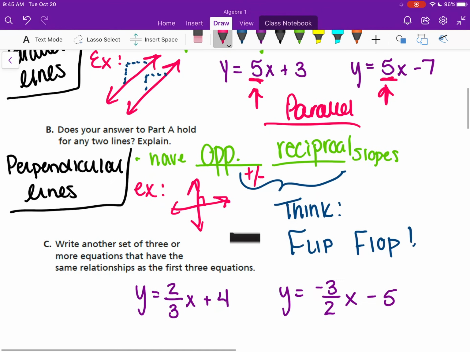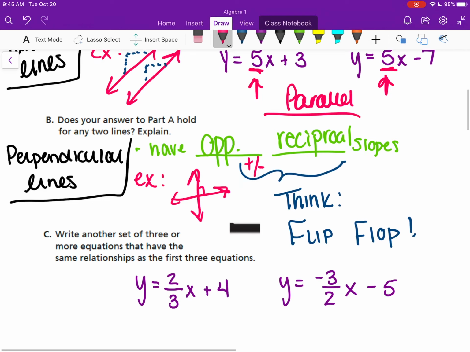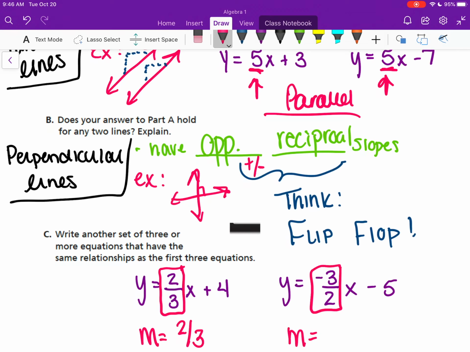So I've got 2 examples for you down here, and that's in our slope-intercept form where the number in front of the x represents the slope. So the slope of this first equation is 2/3, while the slope of this second equation is -3/2.